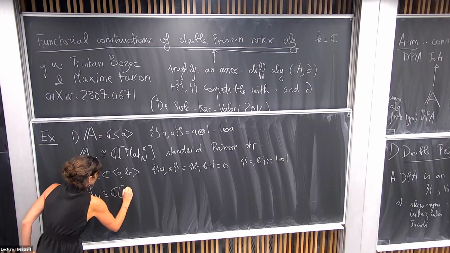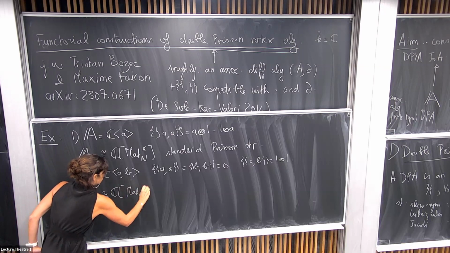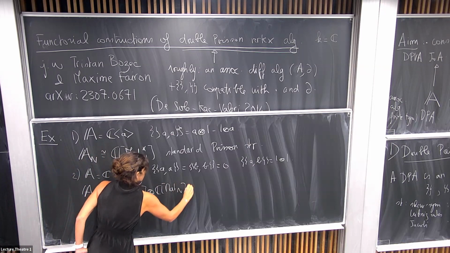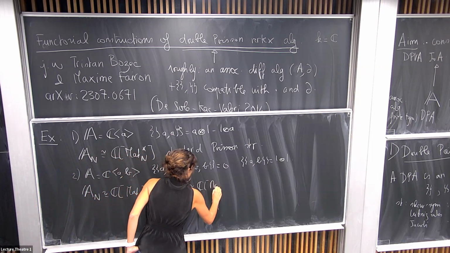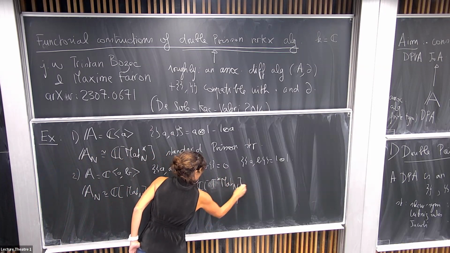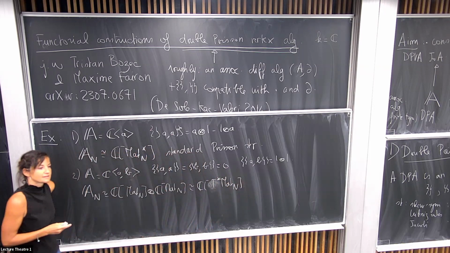So a priori you get the product, but as a Poisson variety it is this one, with the Poisson bracket coming from the symplectic structure.